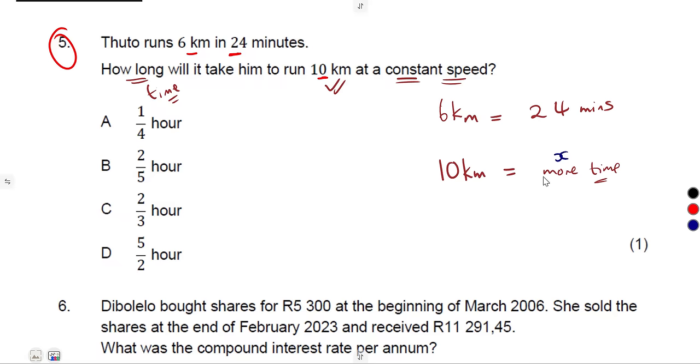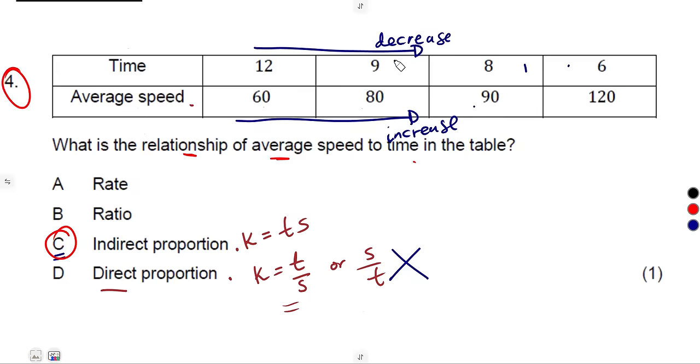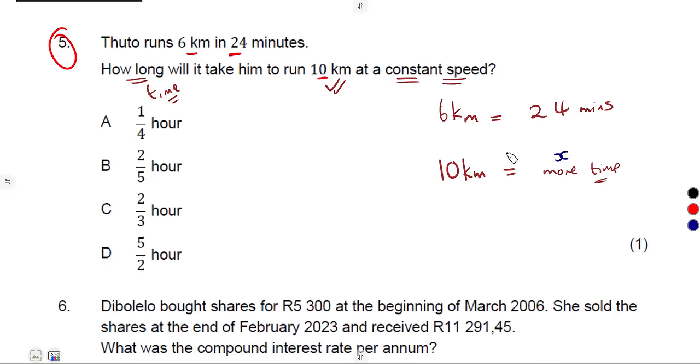In that condition, you treat it as a direct proportion, just like what we had before. What I was explaining: when they are the same, more to more, less to less, not a decrease on one end and an increase on the other. In this case, once we increase the distance, the time is also increasing.